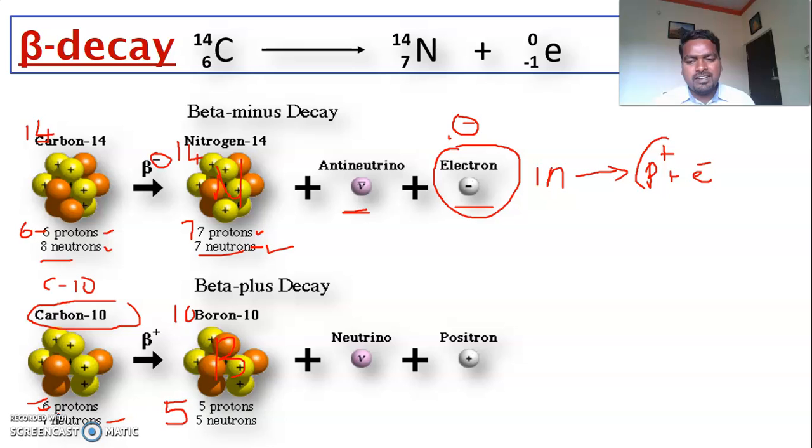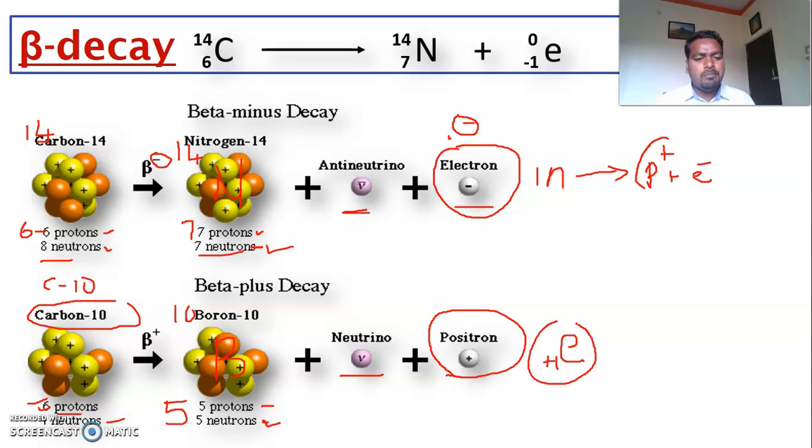Why? Because here it is 6 protons and here it is 5 protons, but here it is 4 neutrons and here the neutron number is increased by 1. Why? Because in beta plus decay, it gives a neutrino plus a positron. A positron is a particle which has the same mass as an electron, but it carries positive charge.